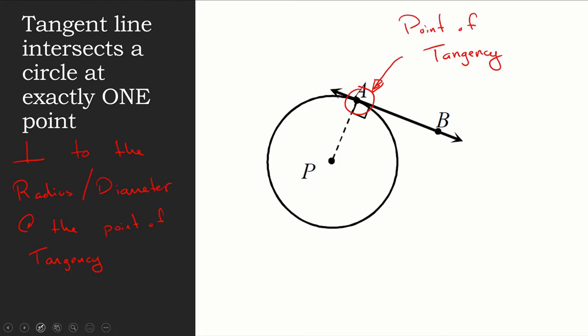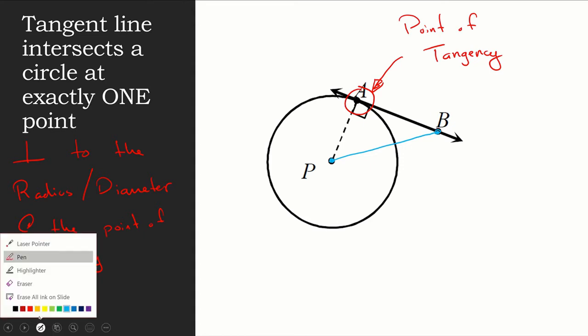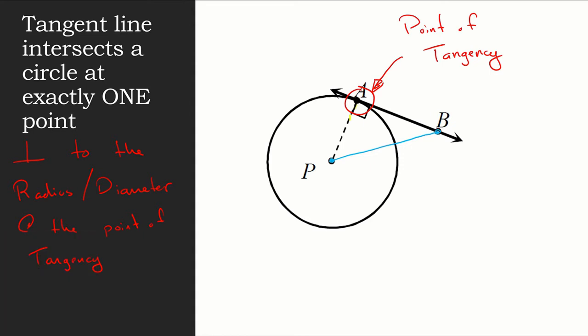And one of the important things about it is that if I were to draw a segment from the center of my circle to a point out on the tangent line, then we can see that we create a right triangle. And that's important because when we work with right triangles, they allow us to solve various types of problems, right?